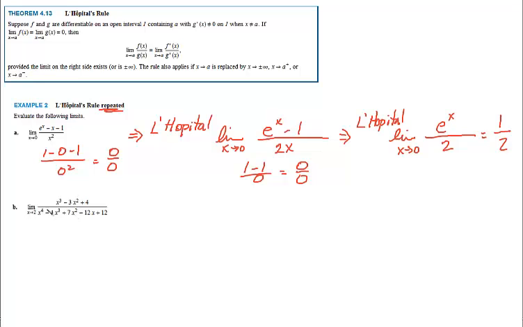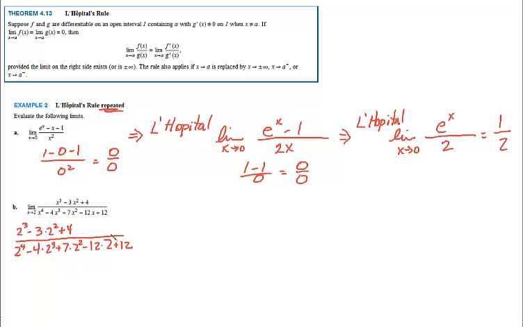Alright, let's play here. Oh, I've got several powers here. Hopefully this will work out nicely. If it doesn't, then I have to do other techniques. Let's see, I'm going to try direct substitution. 2 cubed minus 3 times 2 squared plus 4 over 2 to the 4th minus 4 times 2 cubed plus 7 times 2 squared minus 12 times 2 plus 12.